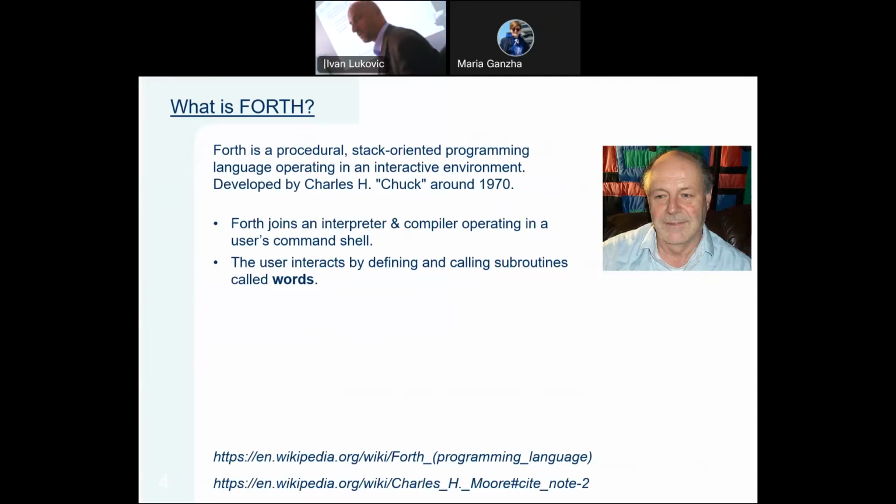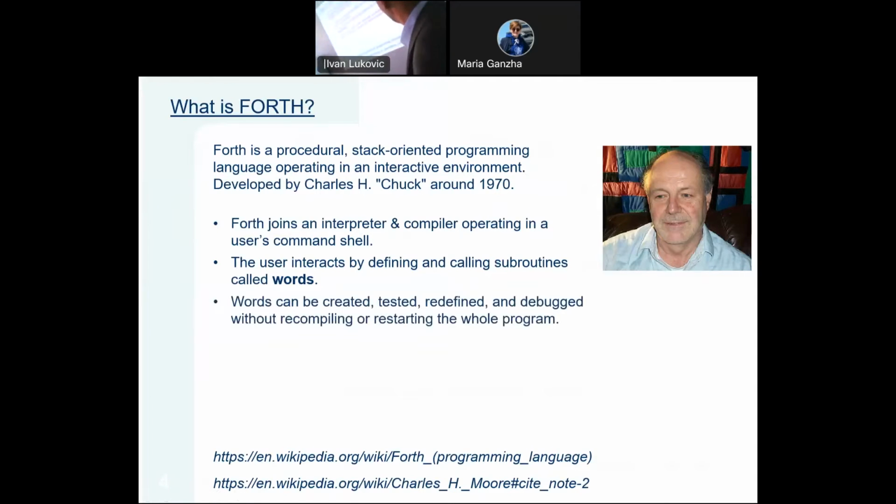This is different, for example, from a system which is compiled from C language, where if you change something, you need to recompile. Now you can have some interaction. And what is interesting, we have variables and operators, all defined as words.